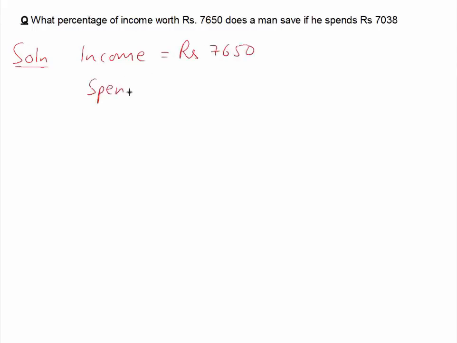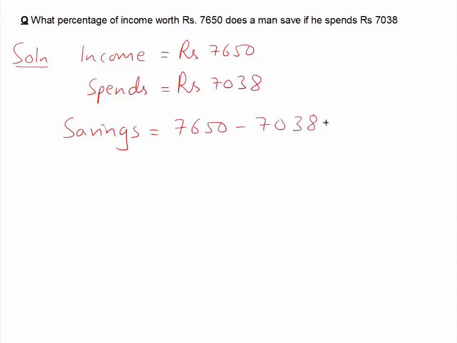His spends or expenditure is given as rupees 7038. So his net savings equal income minus spends, so that's equal to 7650 minus 7038. So this equals rupees 612.